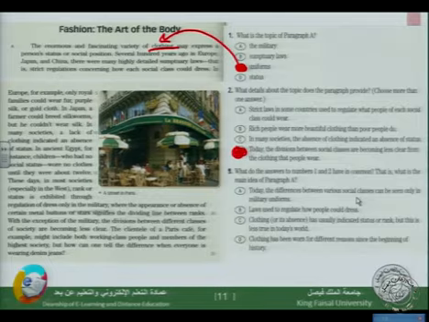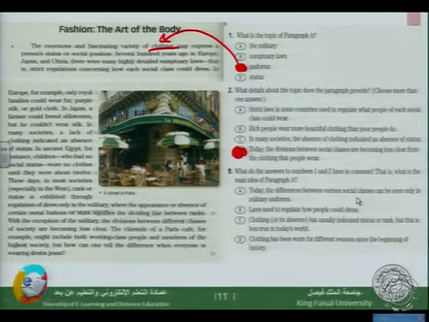Today the difference between various social classes can be seen only in military uniforms, laws used to regulate how people could dress. Clothing or its absence has usually indicated the status or rank, but this is less true in today's work.